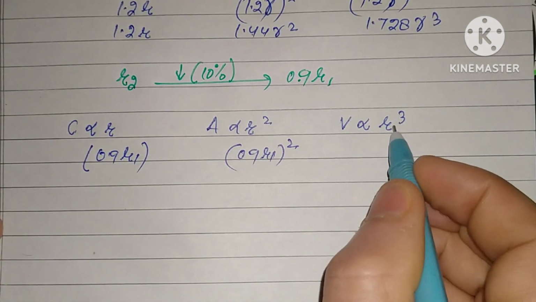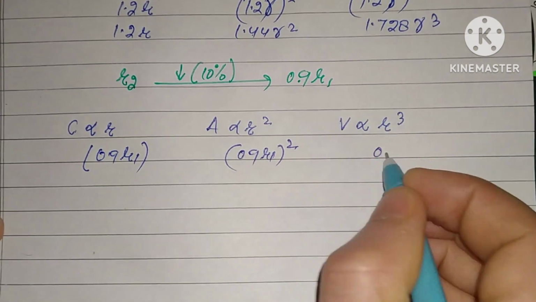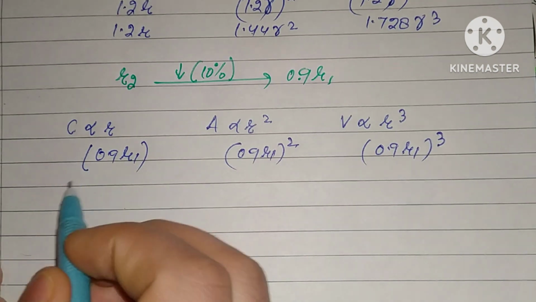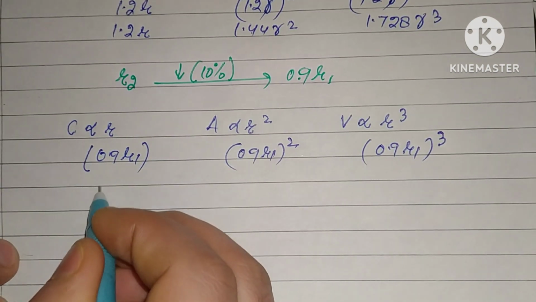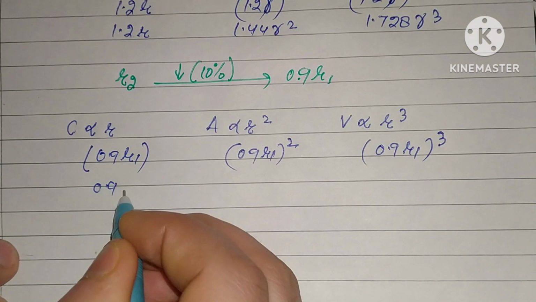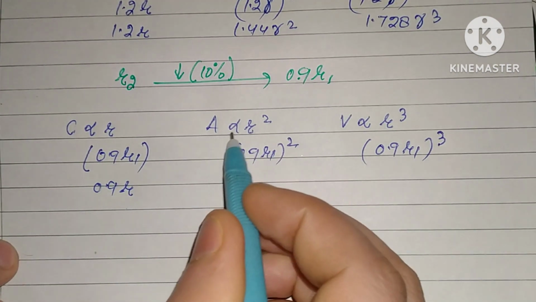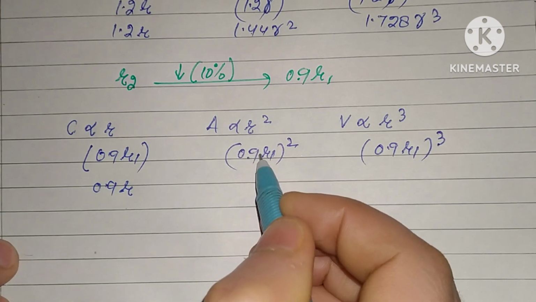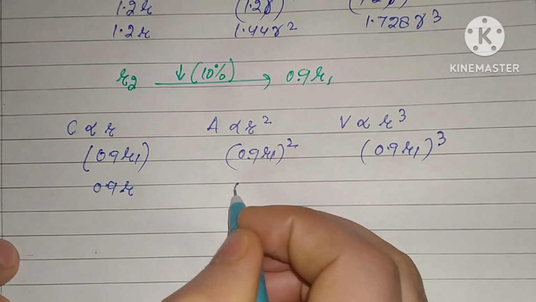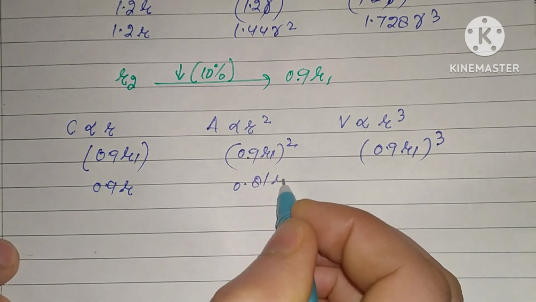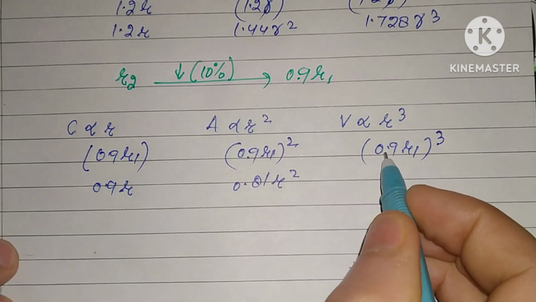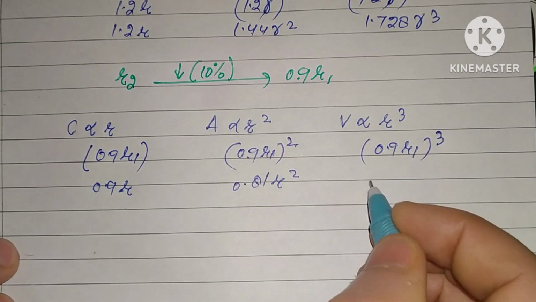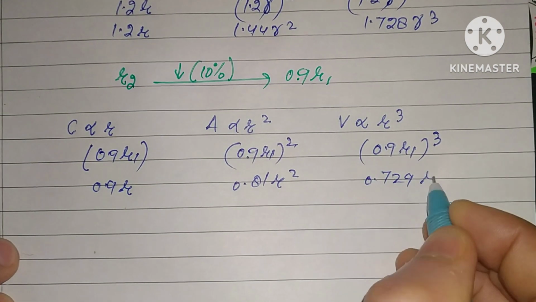And volume is directly related to radius cube, 0.9 r1 cube. And the new circumference will be 0.9 r, and new area will be 0.9 square, 0.81 r square. And 0.9 cube will be 729, so 0.9 cube will be 0.729 r1 cube.